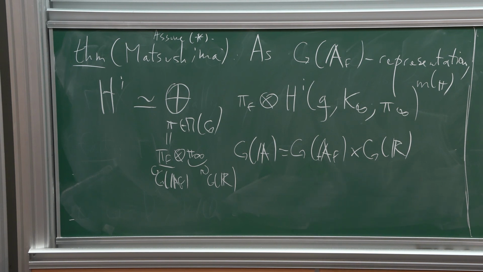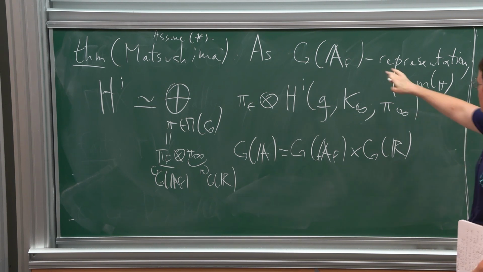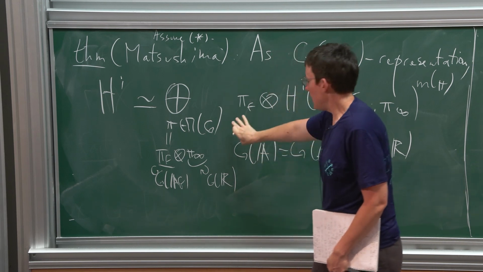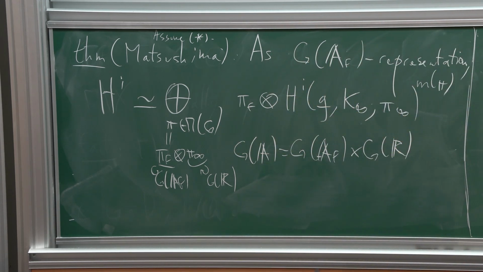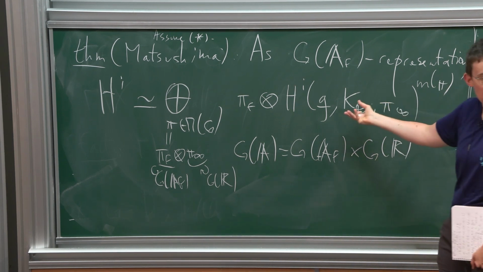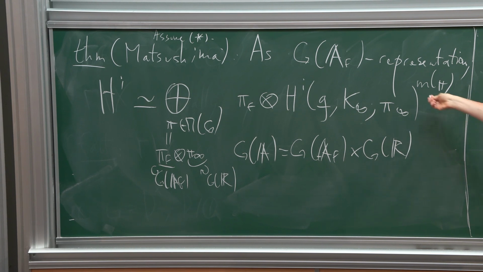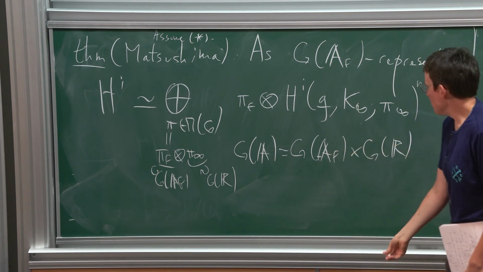Okay, so here it's telling me two things. It's telling me that the only representations of G of AF that appear in H^i are the finite parts of automorphic representations. And the second thing is telling me how to calculate their multiplicities. Their multiplicities are given by the product of the multiplicity of pi in L2 of G, and then some (g,K)-cohomology group.